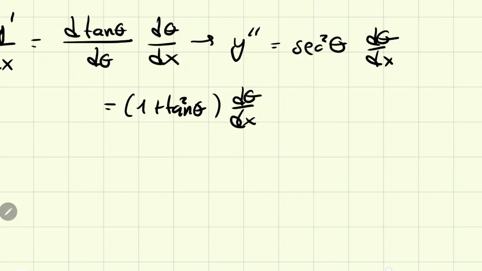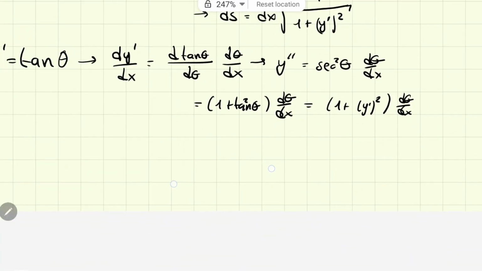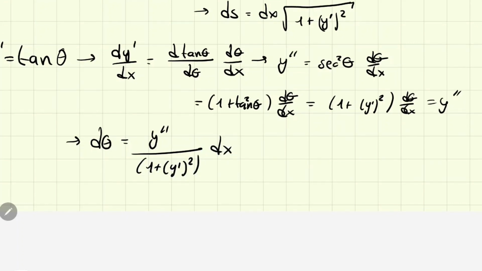So we have something like 1 plus y prime squared times d theta dx. Perfect. So I think that this expression is equivalent to saying that the element d theta is equal to y double prime divided by 1 plus y prime squared, times dx.